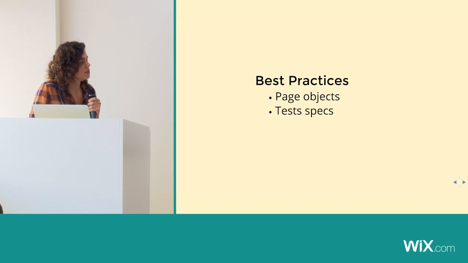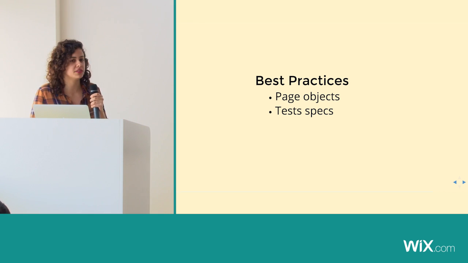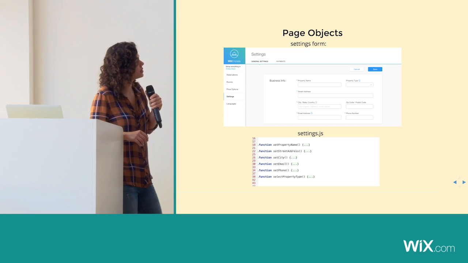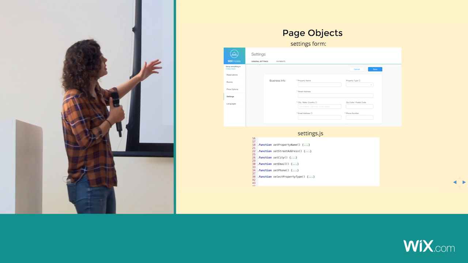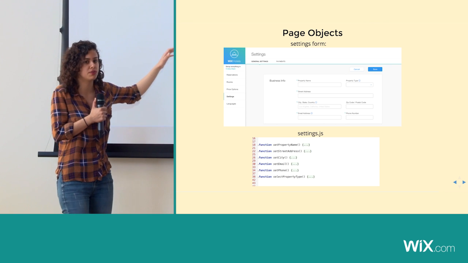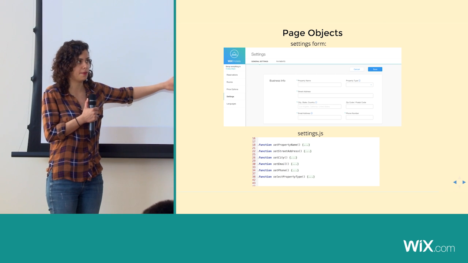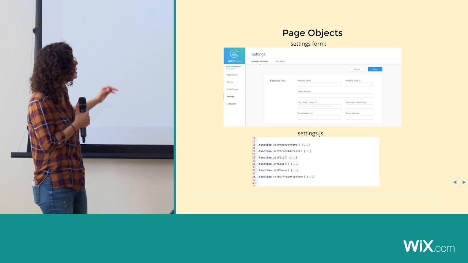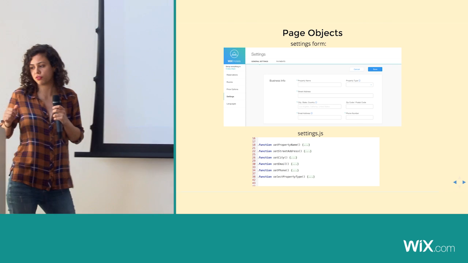Best practices. We're going to see how we can still use some best practices with the protractor framework. For example, we're going to talk about page objects. With page objects, we can describe, in this example, some form from our application, and we can write a driver for all the actions we can perform in the page, for example, setters and getters for all the fields in our form.